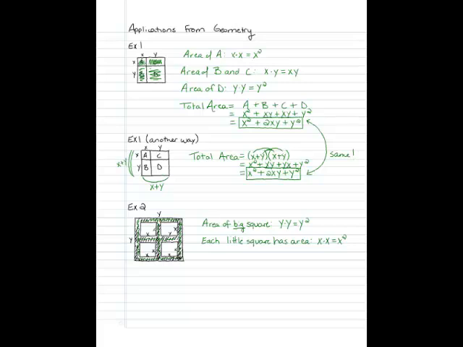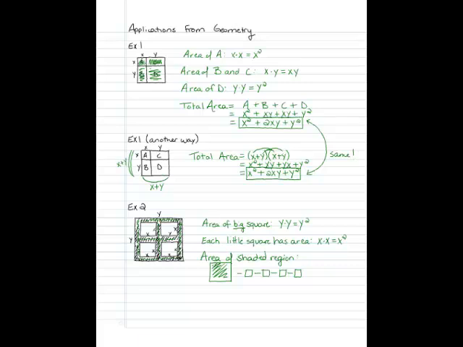So now we just need to find the area of only the shaded region. So to find the area of the shaded region, essentially we're going to take the area of this big square and subtract off all 4 of these little squares.